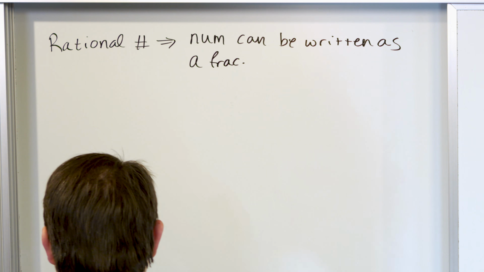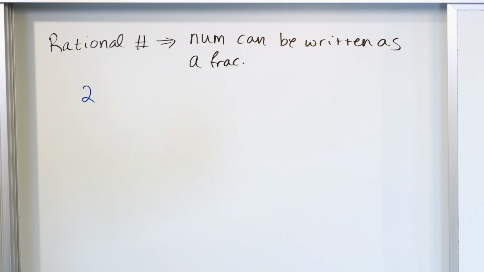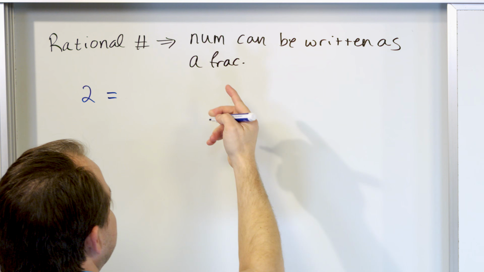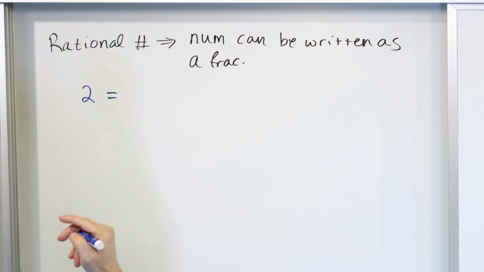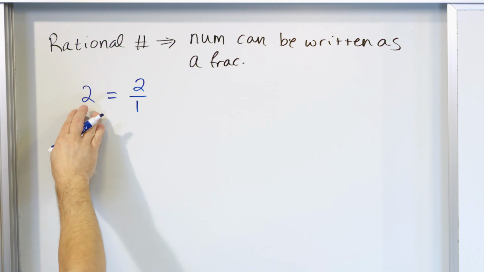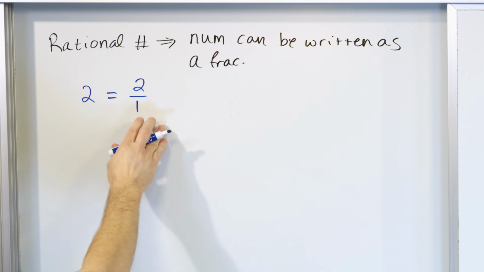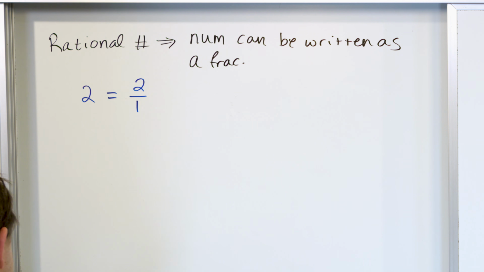So let's take some very obvious examples. What about the number 2? Is the number 2 a rational number? Yes, it's a rational number because can I write it as a fraction? If a number can be written as a fraction, it's rational. So 2 can be written as the fraction 2 over 1. So any whole number, whether it's 10 or 15 or even negative numbers like negative 100, they can all be written over 1, so they're all rational, right?